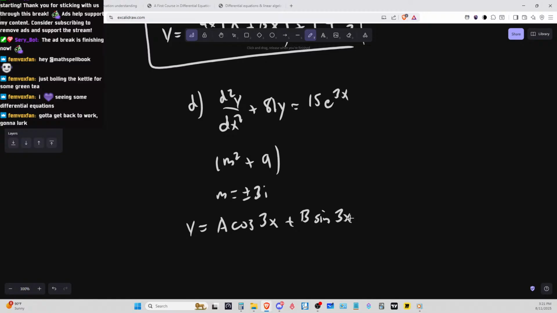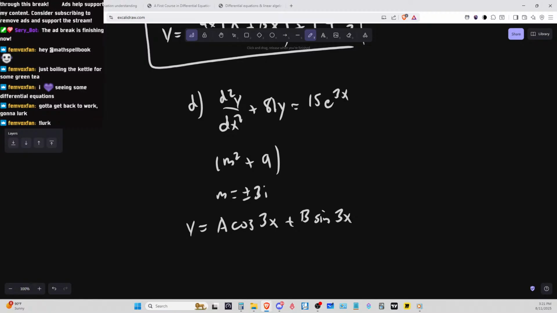Okay, now we got an E. So I think this one is supposed to be lambda times e, whatever e is. So I'm going to take a look. So yeah, y is supposed to be lambda times e to the 3x.